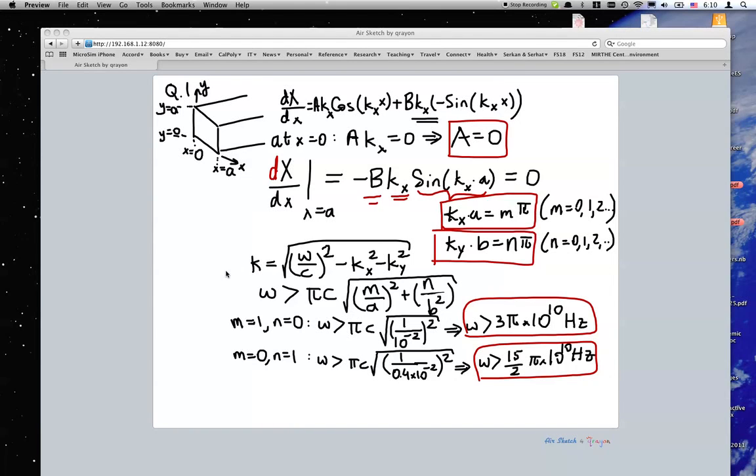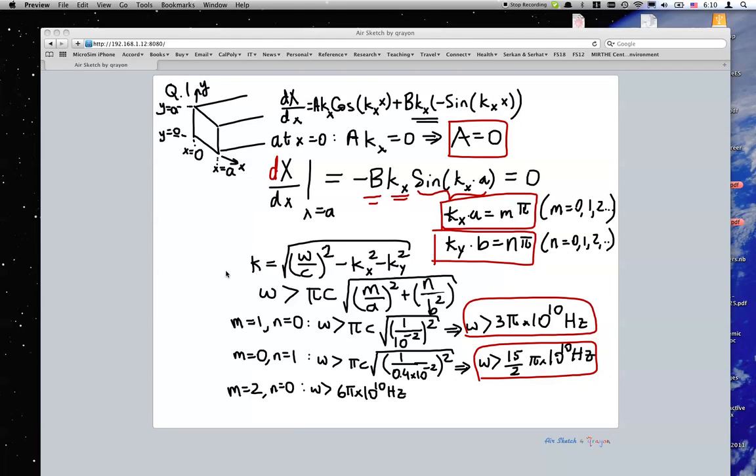If I have m equals 2, n equals 0, then I'll get double the first frequency I found, which has to be 6 pi times 10 to the 10 hertz.